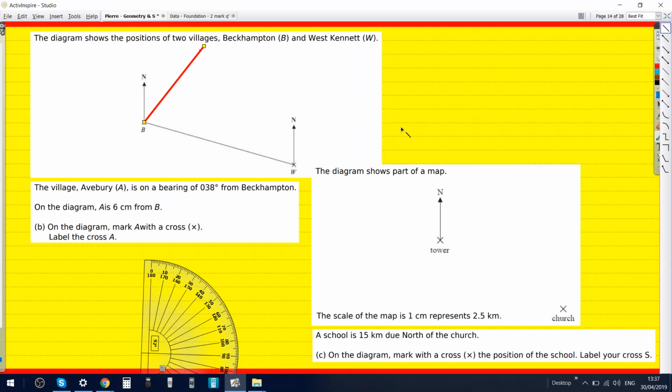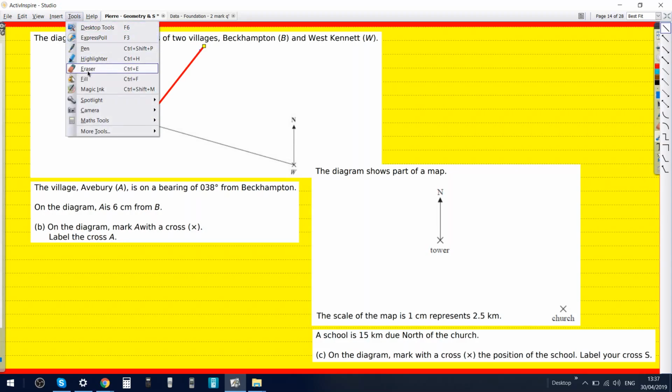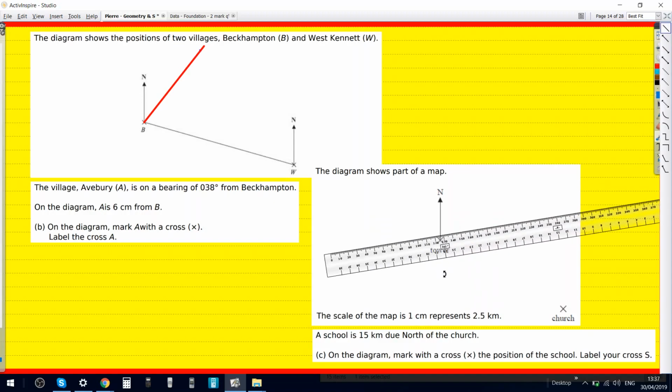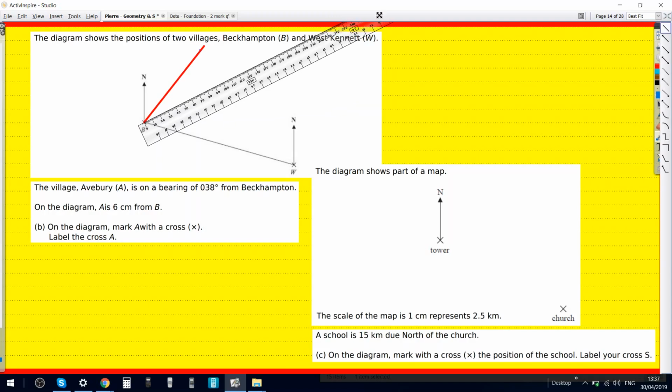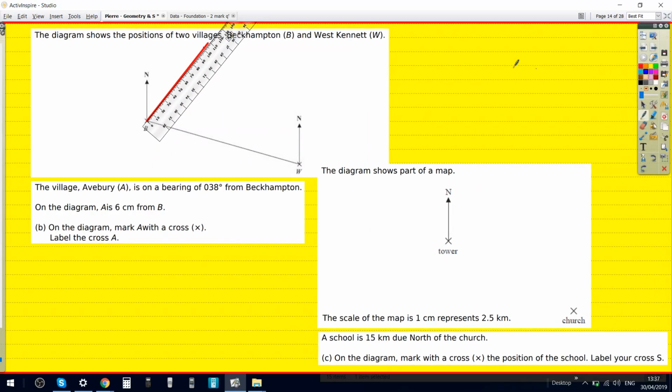So what would you do with your ruler? 6 centimeters from B. So we have to draw where A is. So A is along the line, the red line. Is that what A is? Well, it's 6 centimeters away from B, so it's somewhere on the red line. Oh, so you just measure 6 centimeters along the line. Yes, I accidentally did millimeters, but yes, so you can see there, that's 60.